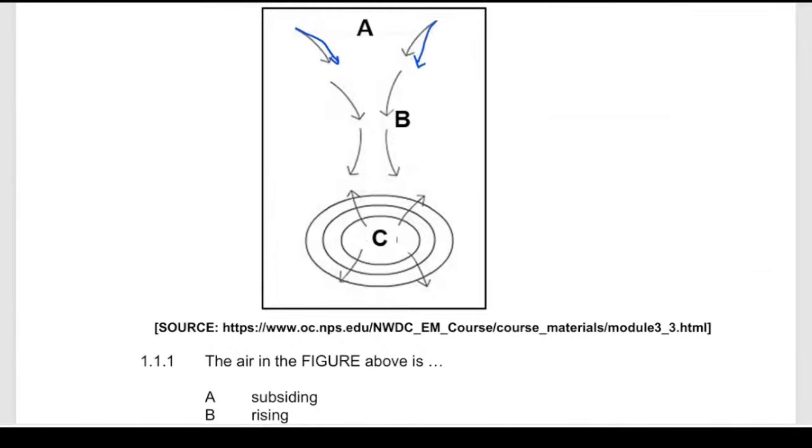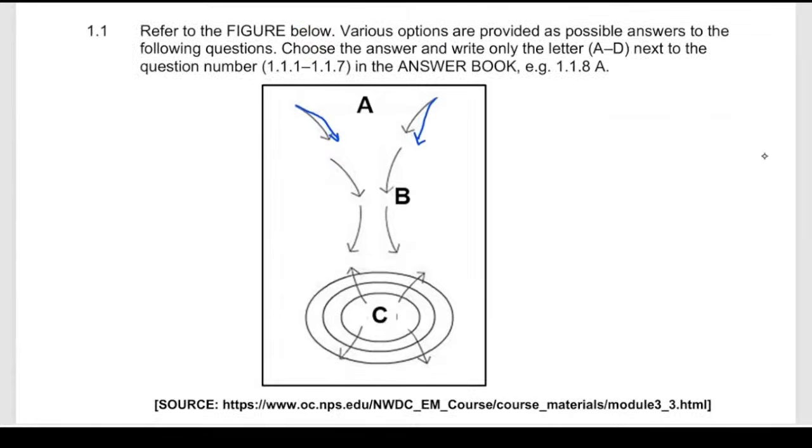The air is coming from the upper atmosphere and going towards the ground surface. We are seeing the air sinking towards the ground. This is typical of what happens with the formation of anticyclones.